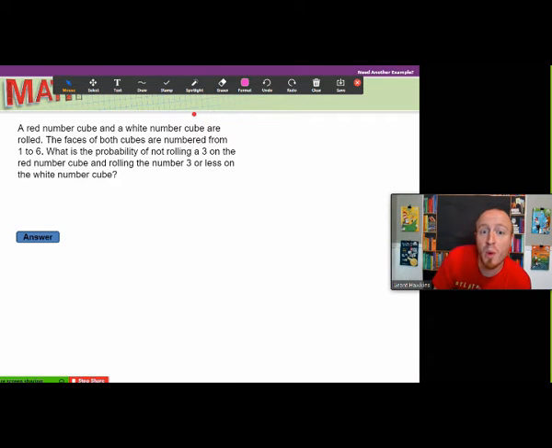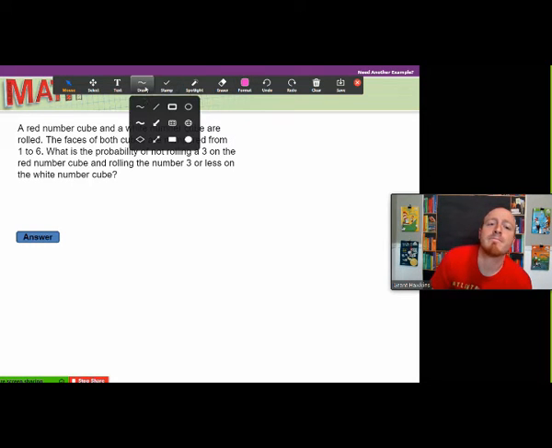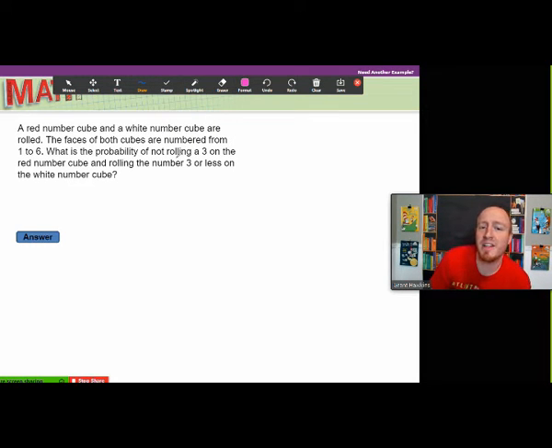A red number cube and a white number cube are rolled. The faces of both cubes are numbered from 1 to 6. Well, since they're a cube, I would think there's 6 sides. What is the probability of not rolling a 3 on the red and rolling 3 or less on the white?